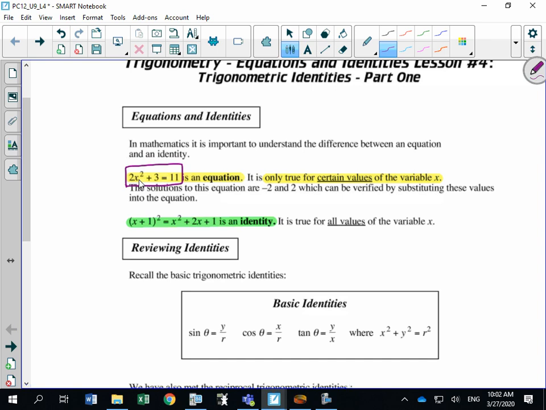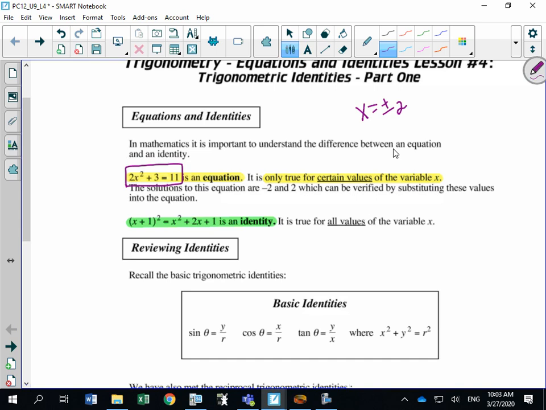It only holds true when x is equal to plus or minus 2. So if I put in negative 2 or positive 2, I am going to get 11. If I choose any other values for x, I will not get 11.